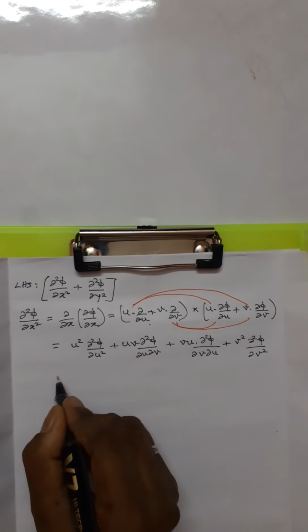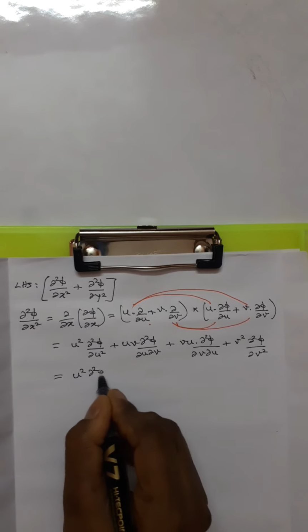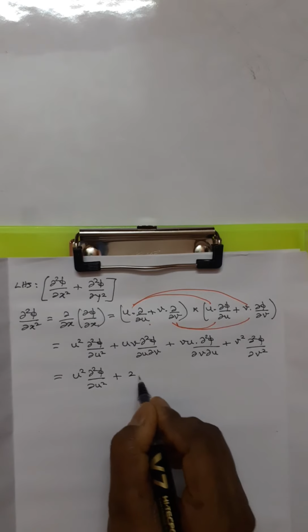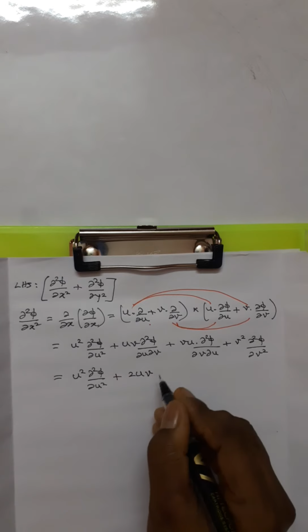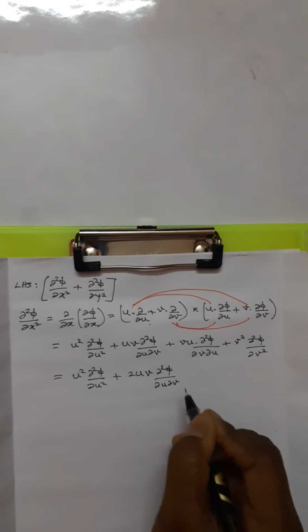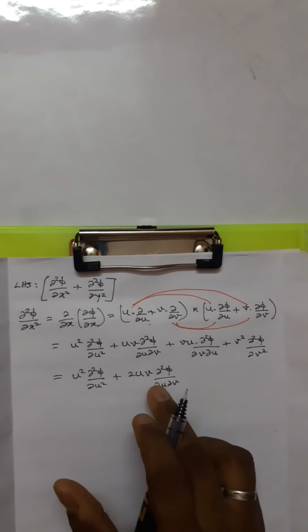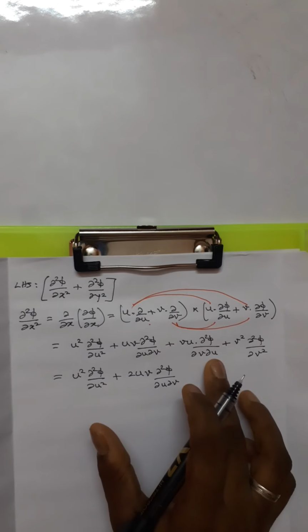Simplifying it further, which is equal to u square dou square phi by dou u square plus 2uv. These two terms are same, so 2uv dou square phi by dou u dou v, because we know that in the case of two dimensions, dou square phi by dou u dou v is equal to dou square phi by dou v dou u, right?